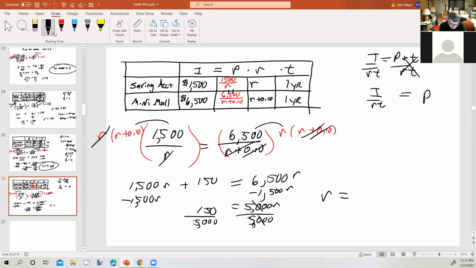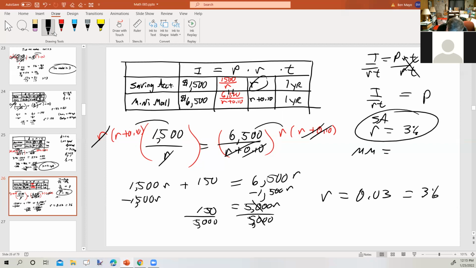R equals, if I take 150 divided by 5,000, I get 0.03, which would be what? 3%. So it says, find the rates of interest paid by each investment. The savings account, 3%. So that's the savings account. And the mini mall would be what? 3 plus 10 is 13%.